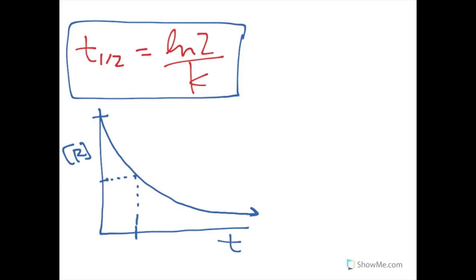If I take half of that again, I get to my second time. If I take half of that again, I get to another time. And it looks like I did actually draw this correctly here, which is nice. These are all evenly spaced. Okay. So the half-life is consistent, and it only depends on k.